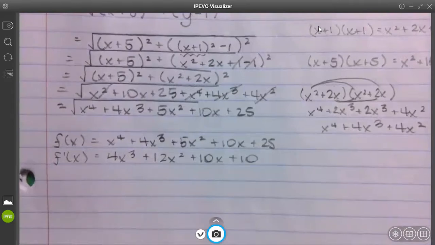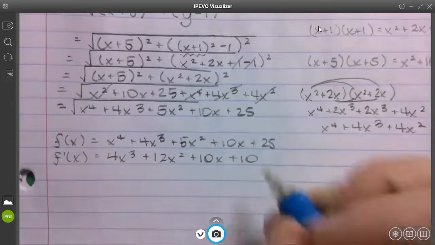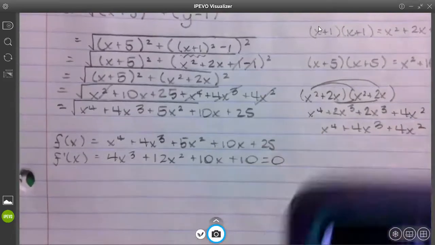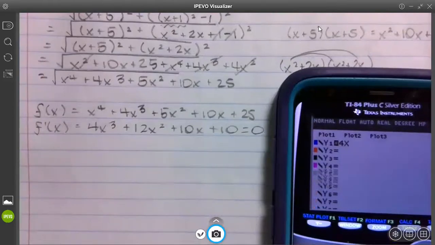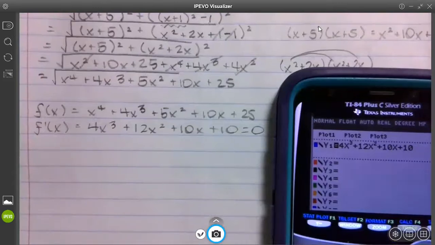That is fine with me. But I need to find my zeros. So I need to find where my derivative is set equal to 0. So I'm going to put it in my calculator. 4x to the third plus 12x squared plus 10x plus 10.